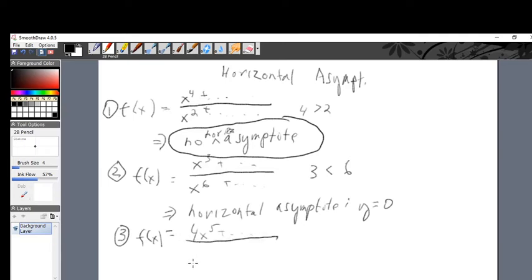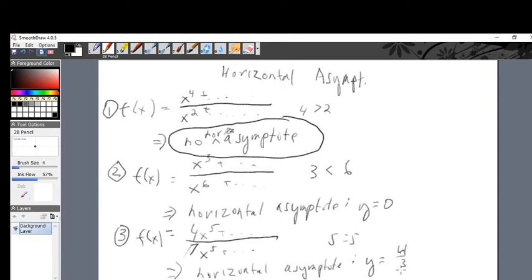The highest one on the bottom is, let's say, 7x to the 5th plus a bunch. So there's a tie. 5 equals 5. What do you conclude? You conclude that this function has a horizontal asymptote of y equals 4 over 3.